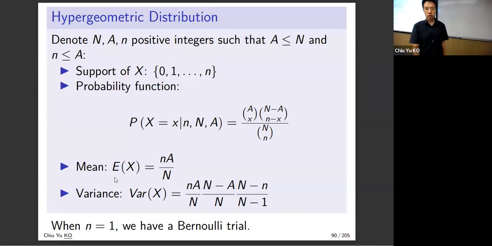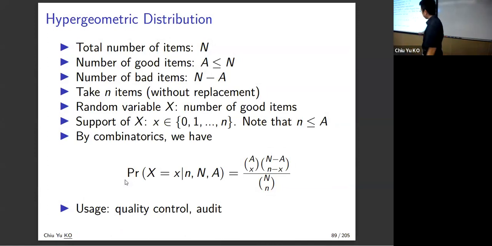And do remember the application of this is quality control and audit, right? Because that's what you do: go to the warehouse, and the client tells you how many A, how many N minus A. Then it's your choice to pick the n. You can decide how large n is, and then you calculate the X with this probability P, and you can make a decision. You decide how large n is and what X is realized, then you consider whether the evidence is supportive or not.